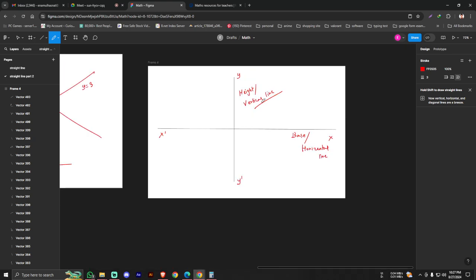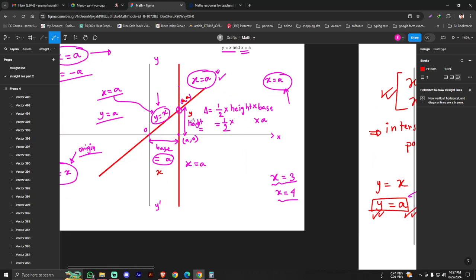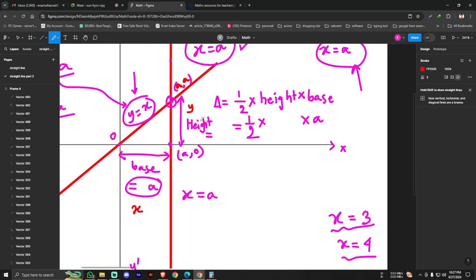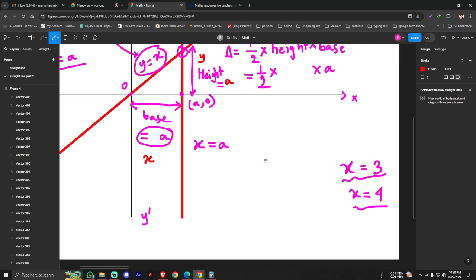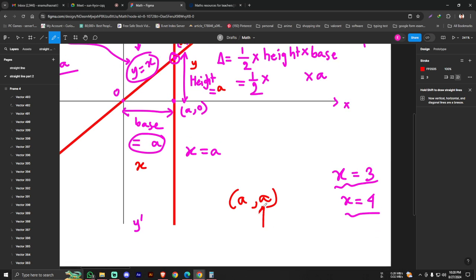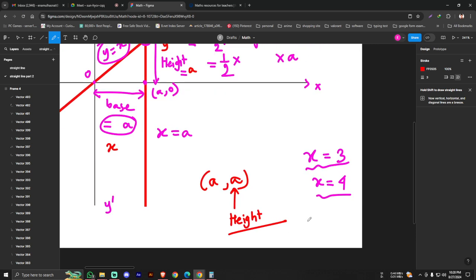So here we just place the y value of the coordinates. The height is basically the y coordinate, that means a, because the intersecting point is a comma a, right? And here the y coordinate is the height.